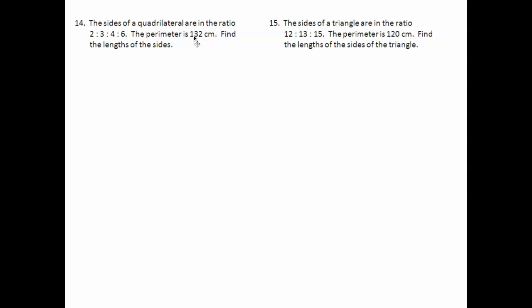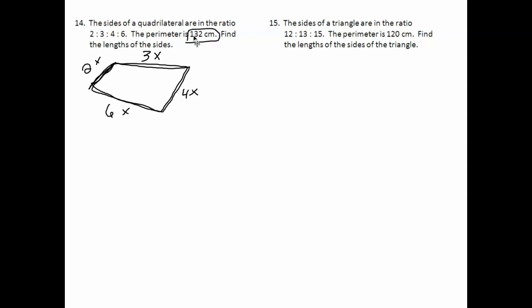Similarly, looking at shapes and their perimeter, we have a quadrilateral. A quadrilateral is something that's 4-sided. In this case, since the lengths are all different, it's not a normal looking quadrilateral. So its ratios are 2, 3, 4, 6.